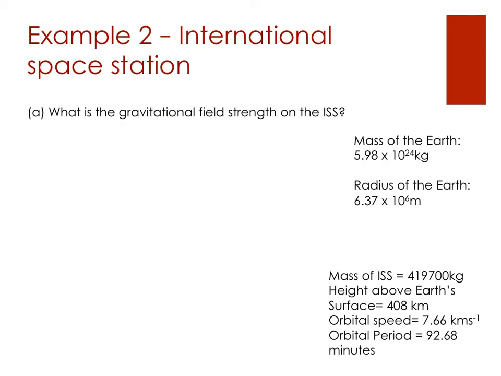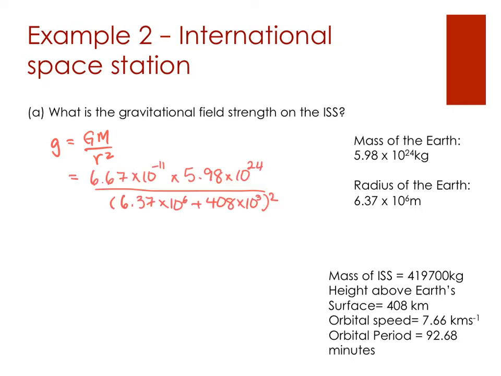All right, let's use another example with the International Space Station. I've used this data coming from, of course, Wikipedia. So let's start with gravitational field strength, that's little g. Here's my equation. And there are the numbers I'm going to have to put in. Notice that the radius here is the radius of the Earth plus the height to the International Space Station.